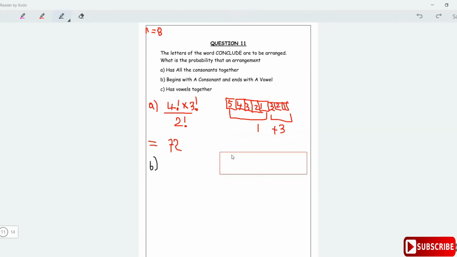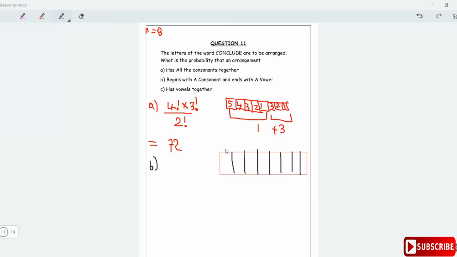You draw 8 boxes. 1, 2, 3, 4, 5, 6, 1, 2, 3, 4, 5, 6, 7. Cut it up in 8 boxes. I want to begin with a consonant.